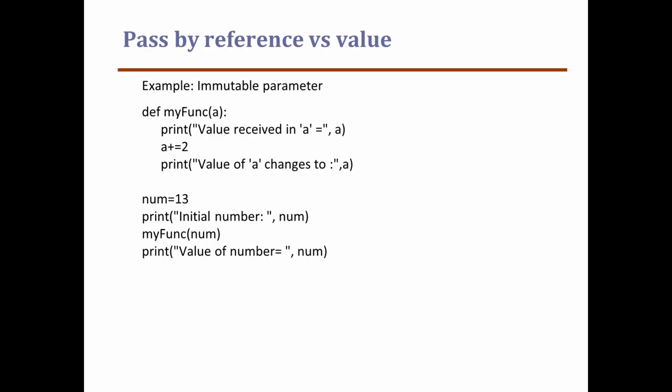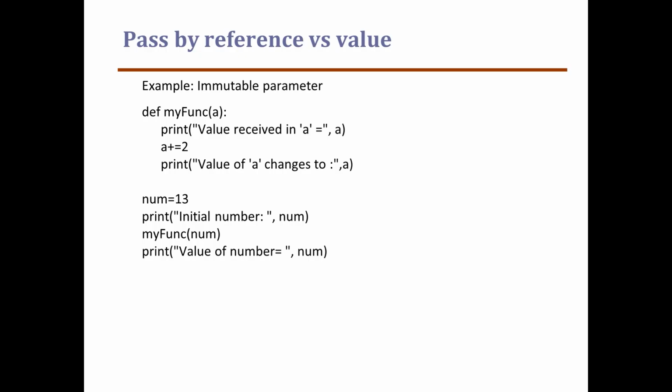Then it also modifies the received value, a plus equal to 2, meaning 2 is added to that value, and then there is another print statement. You can check what output it gives.